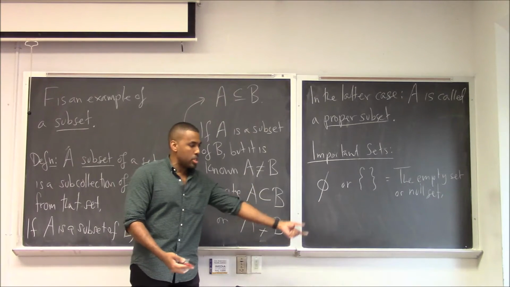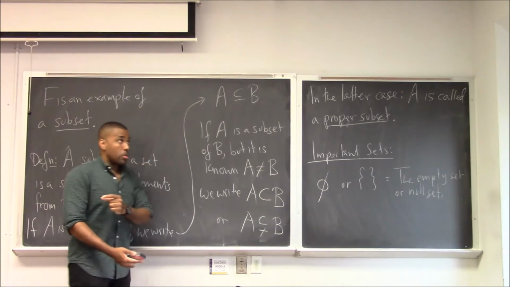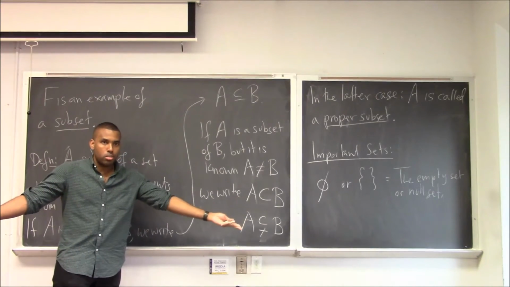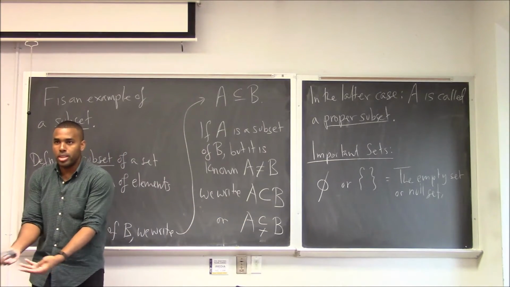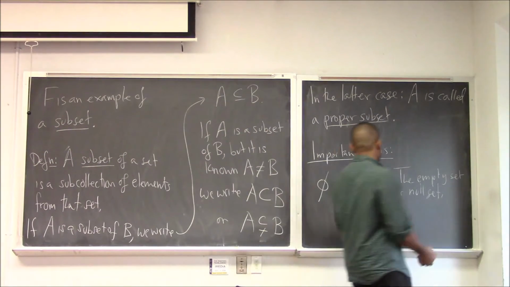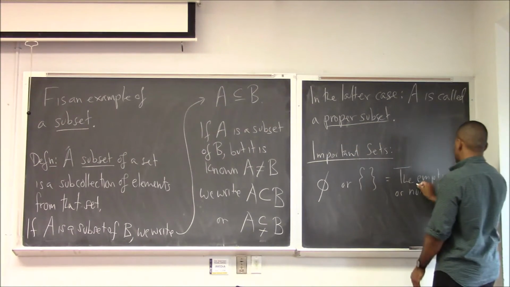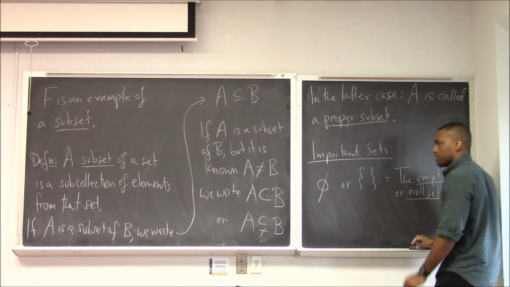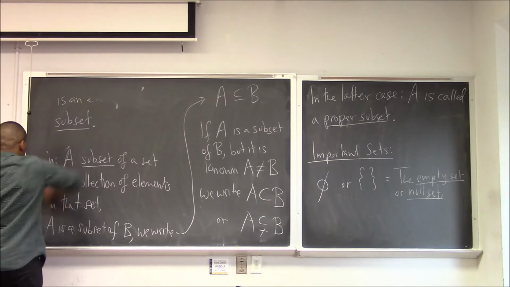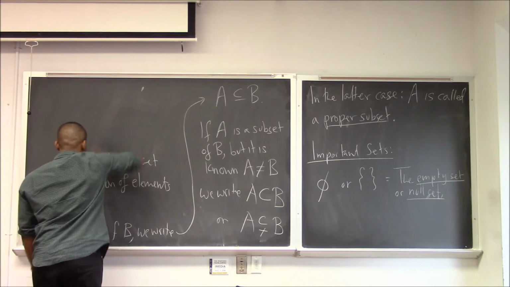I want to select elements from that collection that fulfill some condition. But what if no one fulfills that condition? Then the subcollection has nothing in it. Right? So you end up with something that's called an empty set, and that's the notation. It's unique.